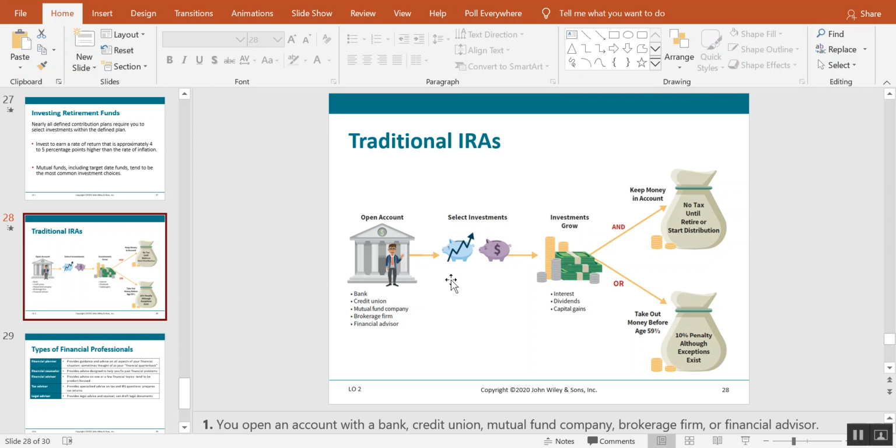The benefit of doing that is that you don't pay taxes on the money you put into a traditional IRA up front. You do pay taxes on the money when you take it out, but you can't take it out when you start saving in an IRA. You cannot take any money out before age 59 and a half. If you do, you pay a penalty. There are certain exceptions, but typically you're going to pay a penalty if you take it out before that age.